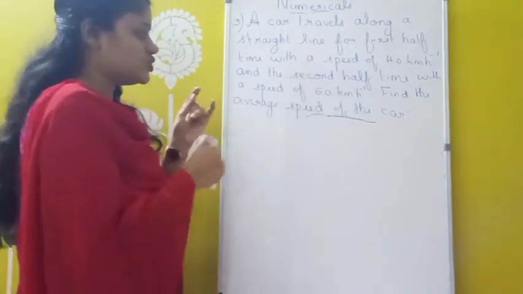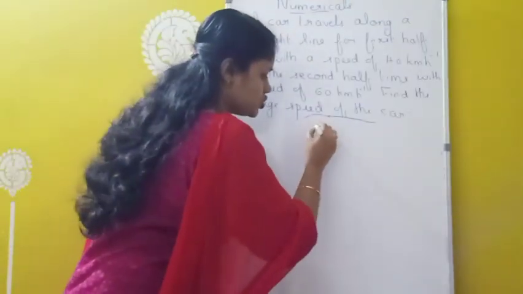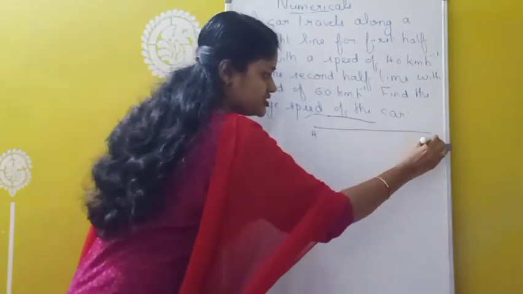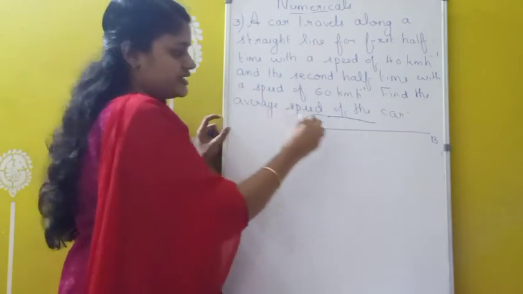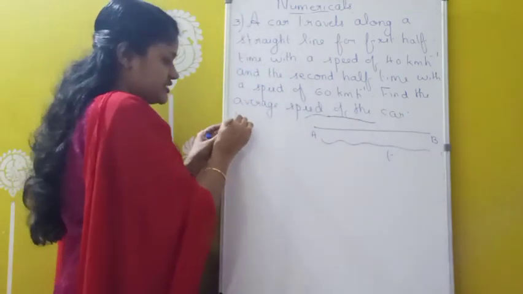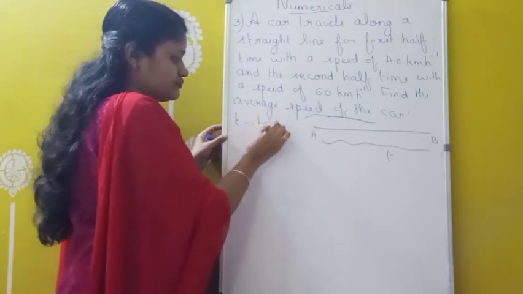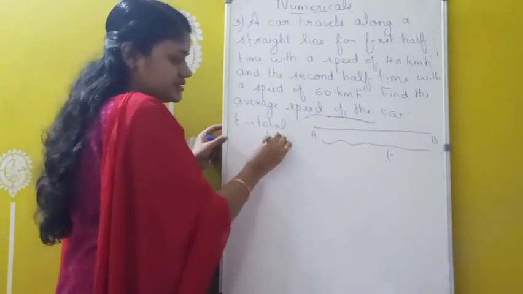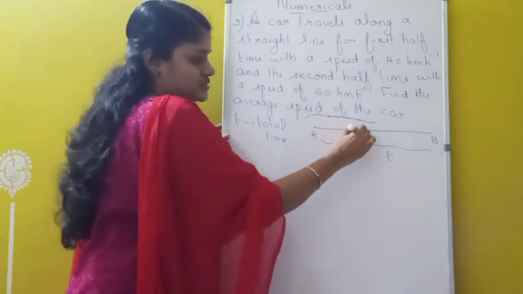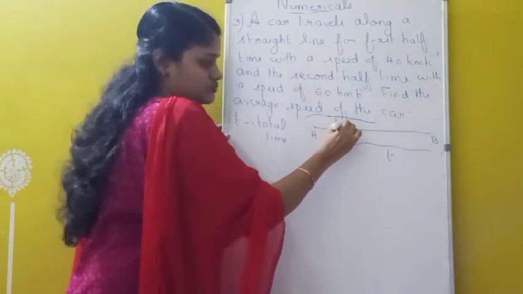Suppose this car is traveling a total distance. AB is the total distance covered by the car, and let T be the total time taken by the car. Here it is given first half time. Suppose the first half time is T by 2.